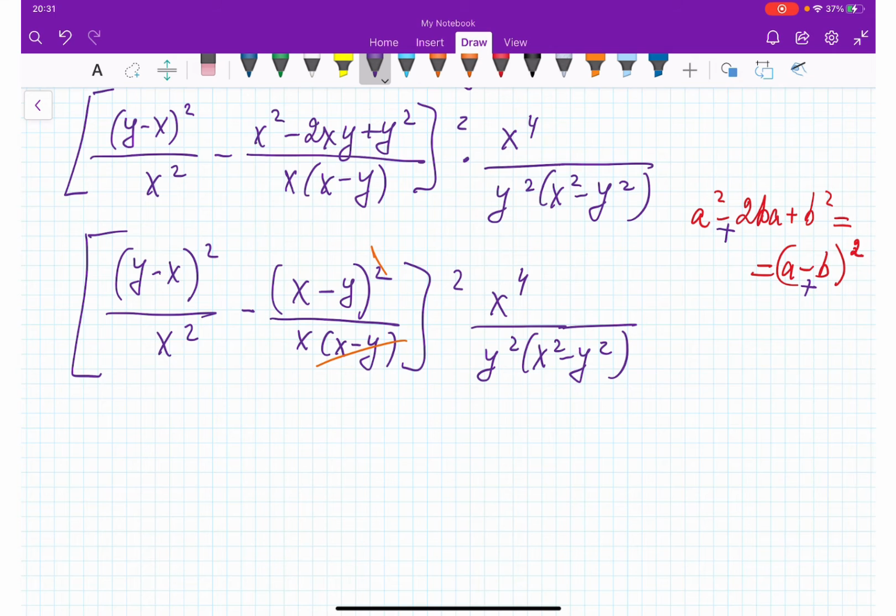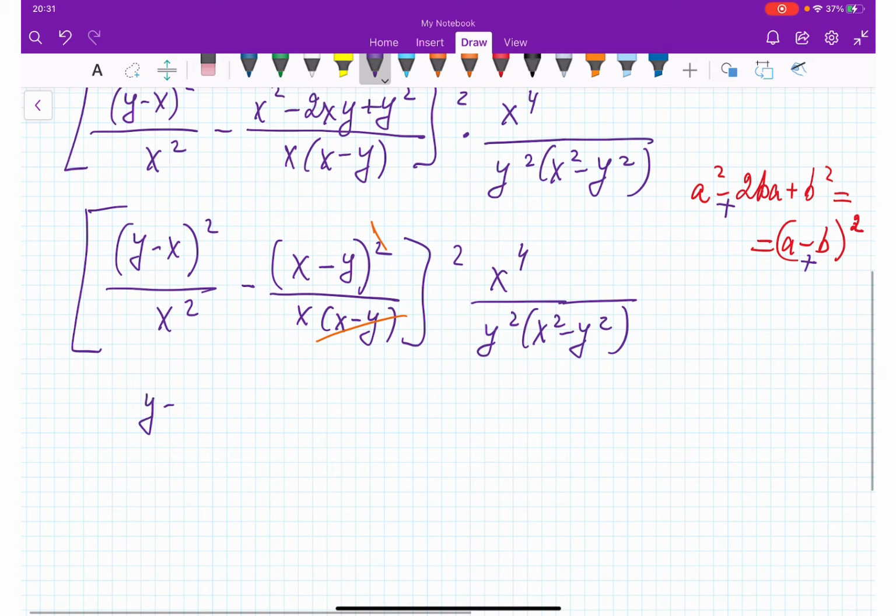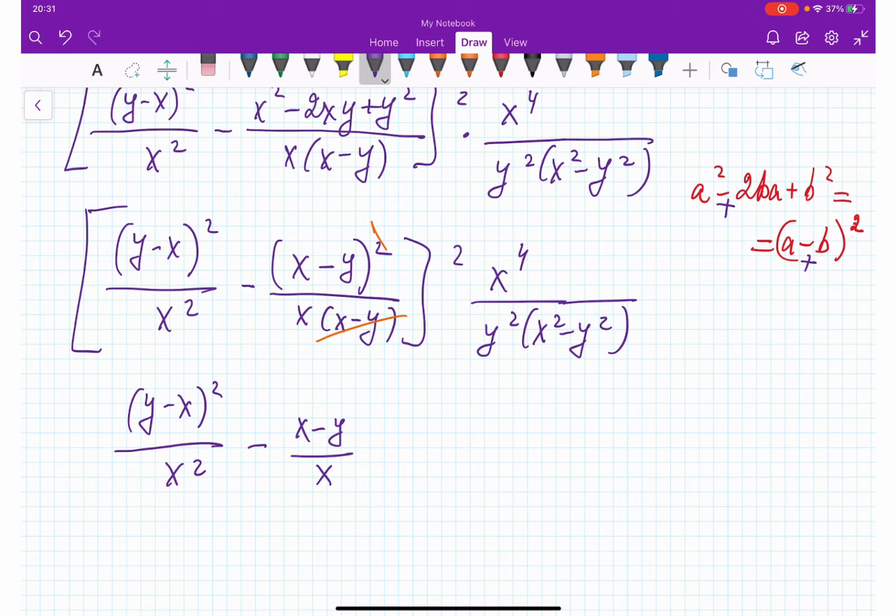It's going to be, okay, let me rewrite it, y minus x squared over x squared minus x minus y over x, and all this squared times x to 4 over y squared times x squared minus y squared.